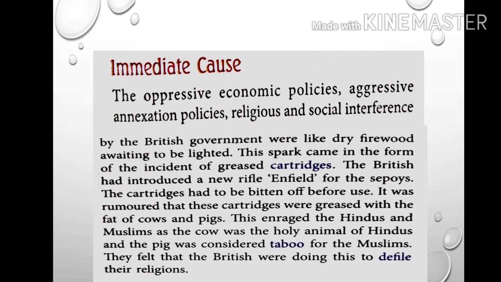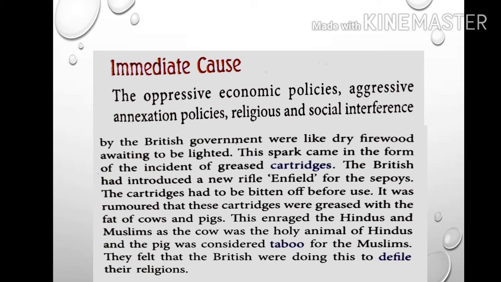The cartridge had to be bitten off before use. It was rumored that these cartridges were greased with the fat of cows and pigs. This enraged the Hindus and Muslims, as the cow was holy animal of Hindus and pig was considered taboo for the Muslims. They felt that the British were doing this to defile their religions.